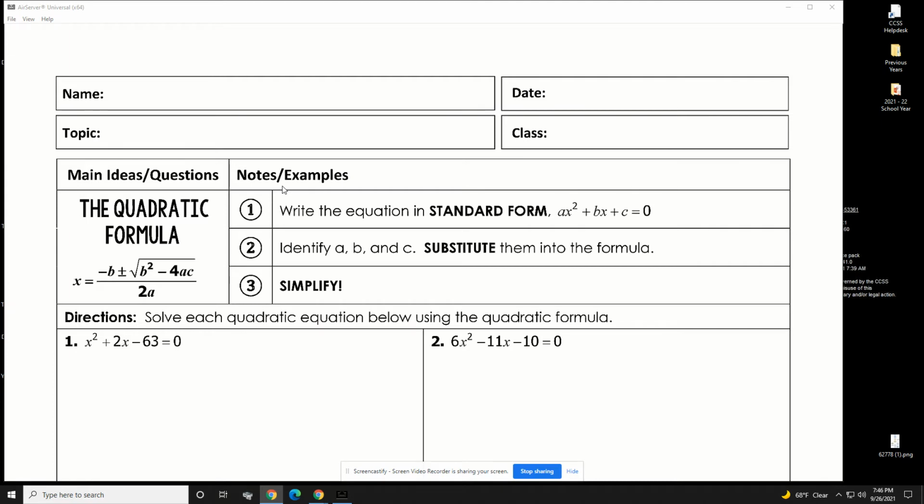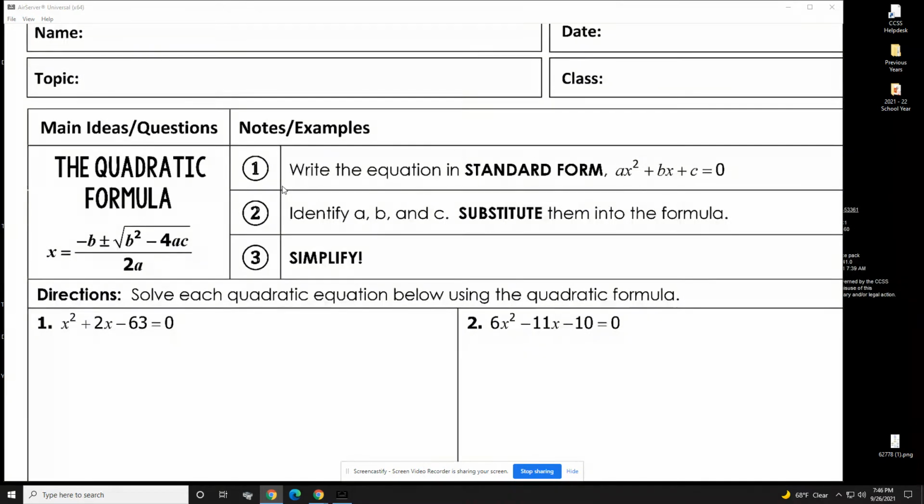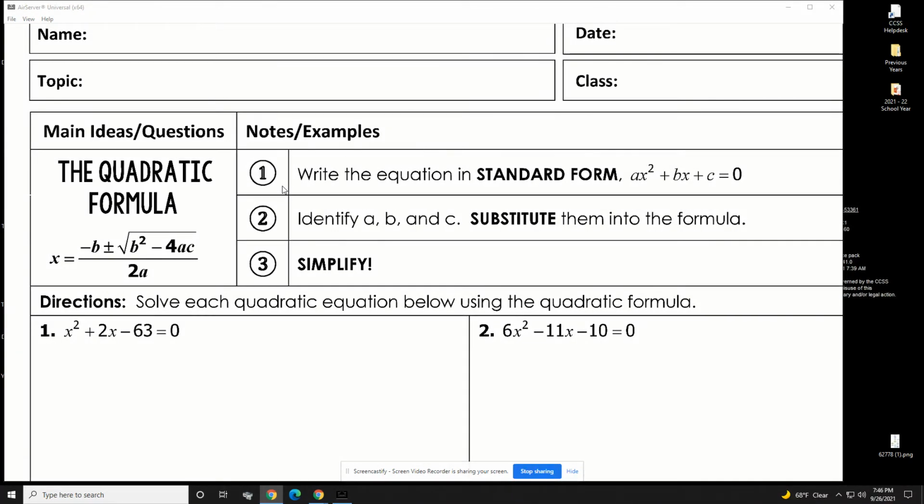All right, let's go ahead and get started on what we're doing today, and that is the quadratic formula. Now I want to remind you guys of the ways that you've solved so far. You solved by factoring. You factored a problem, and then you took the factors and you set them equal to 0, and you solved.